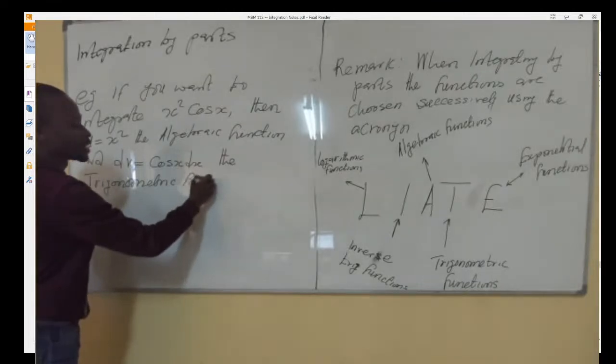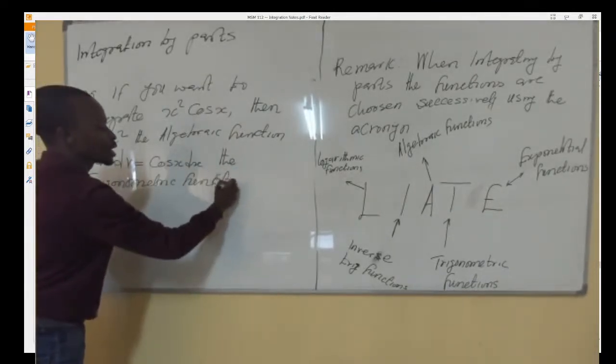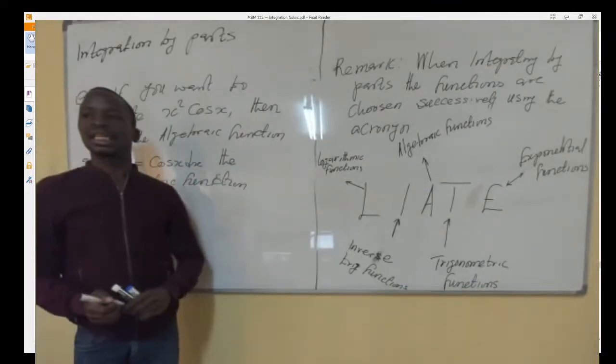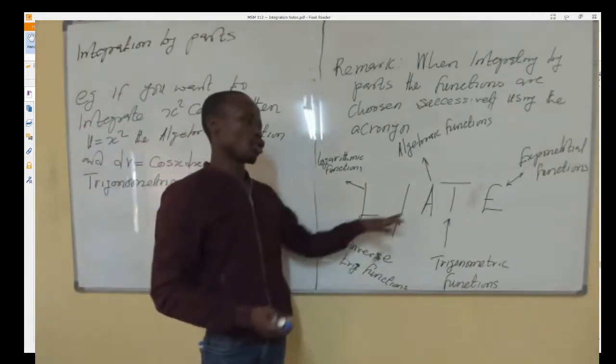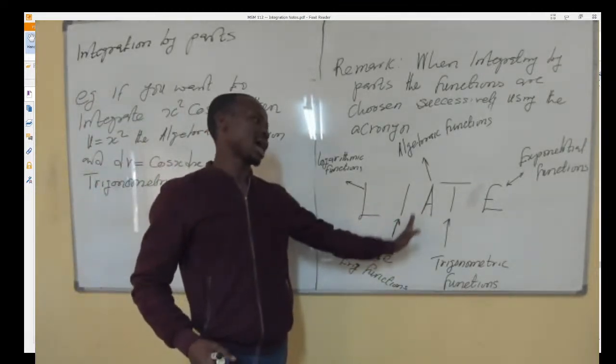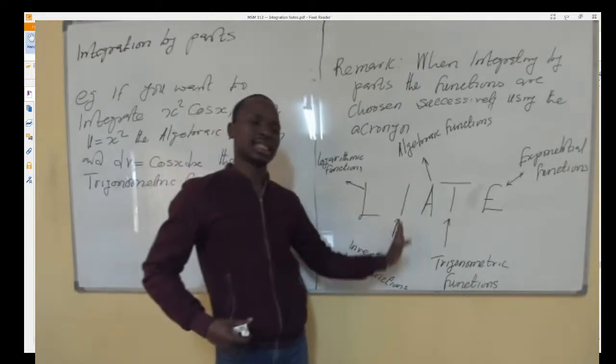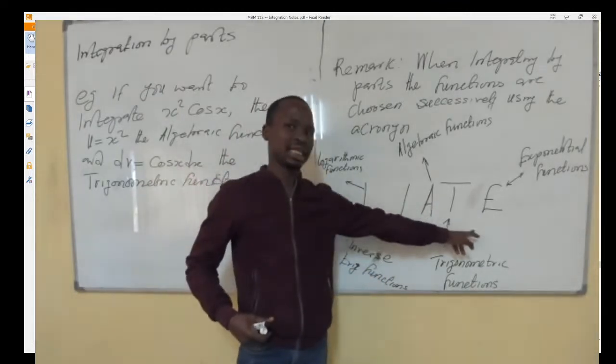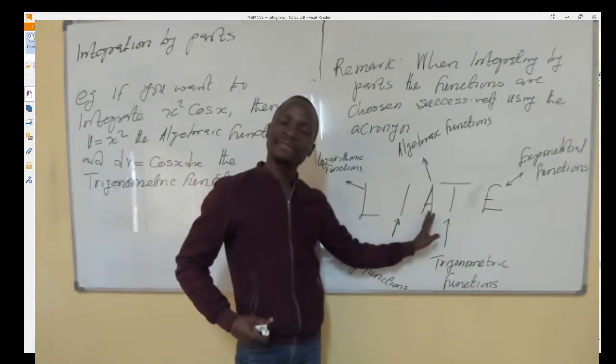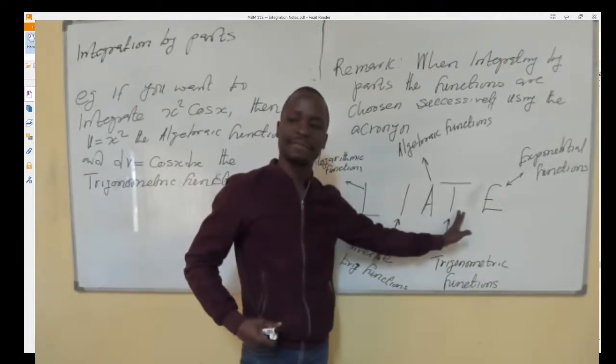So this is how you make your choice. You look at the sequence in this acronym LIATE, which function comes first. The algebraic functions come first, then the trigonometric functions.